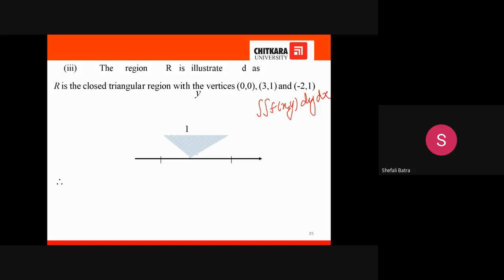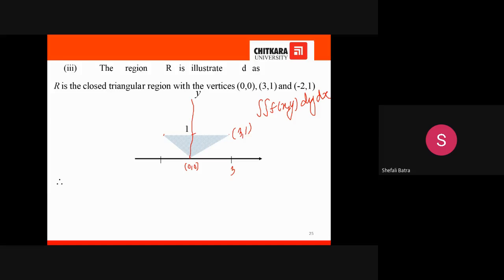So this is your x-axis and this is your y-axis. This point is, let's say, (0, 0). This point would be your (3, 1). This is 3 and this is 1.